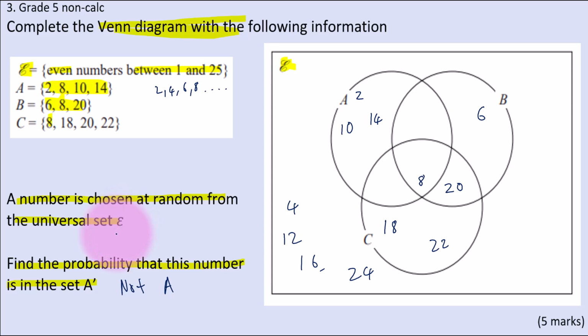Find the probability that this number is not in the set A. So not in A is, we can't include this because A is in it, so it'll be here. That's not in A. This is not in A. Here and the outside.